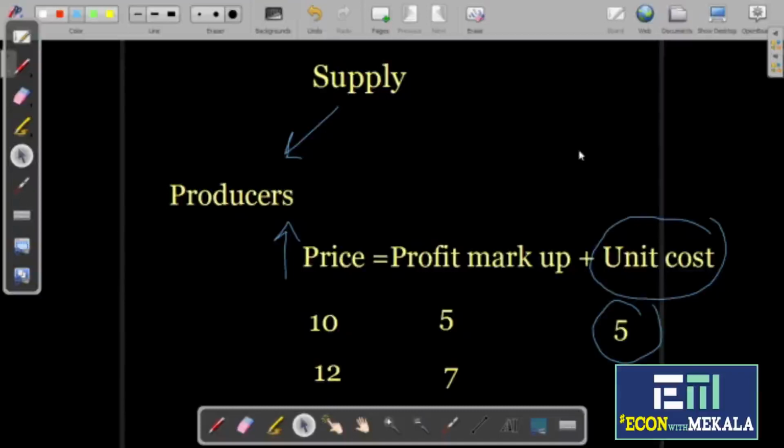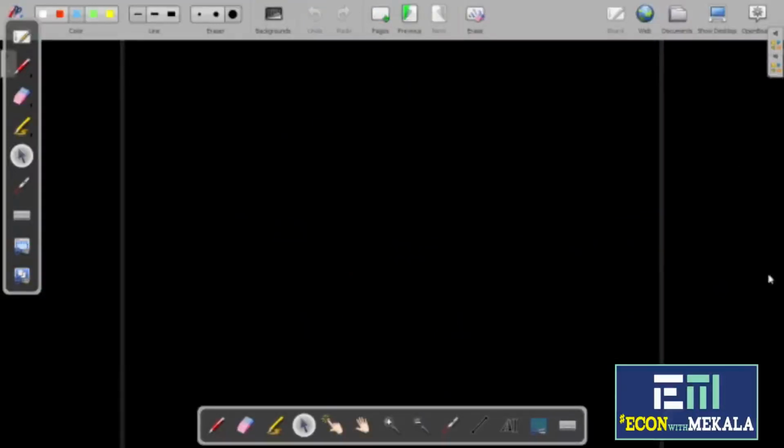So if you apply this concept to supply, supply is the amount of goods and services producers are willing and able to supply at a given price. Let's think about producers. If the market prices are increasing for a particular product, how will they respond?